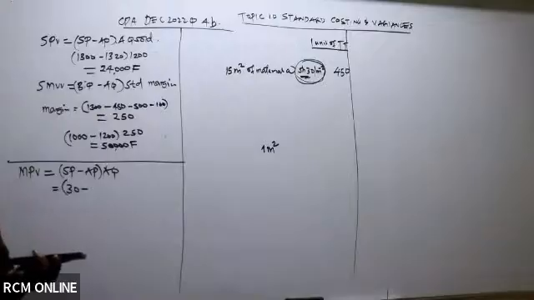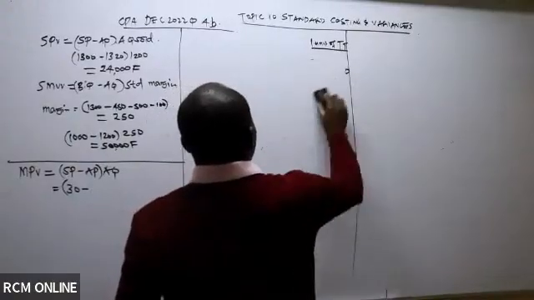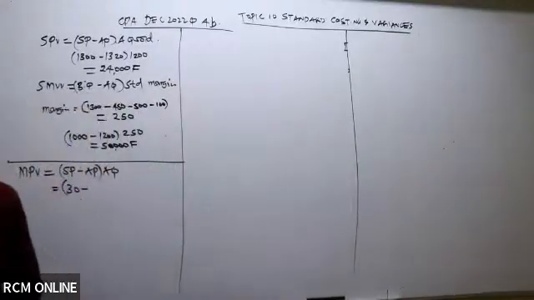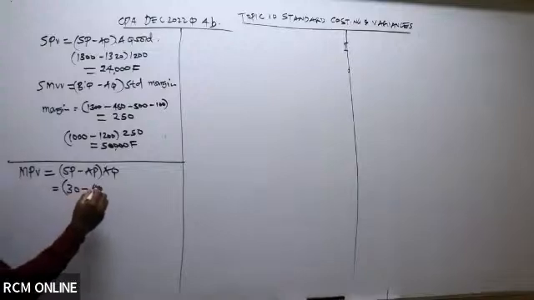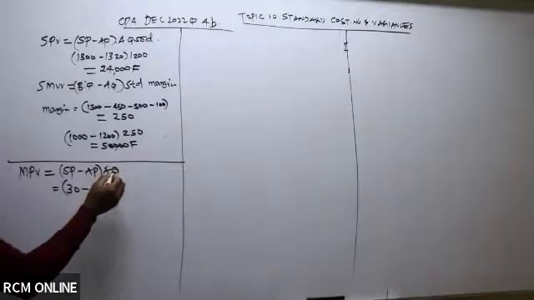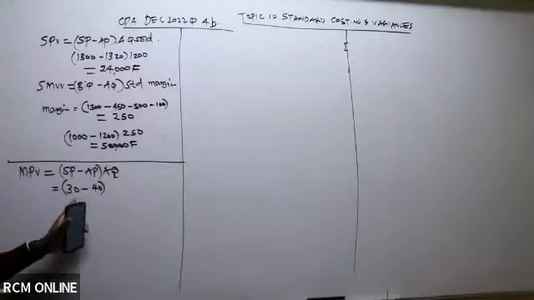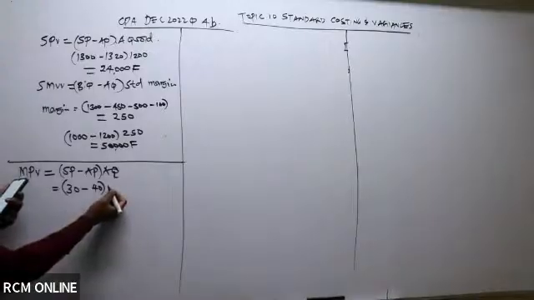What was the actual price per unit of raw material? 40 shillings per square meter. But before you look at the actual quantity purchased, they plan to spend 30 shillings per unit of raw material. They end up spending 40. Which kind of variance is this? Adverse.